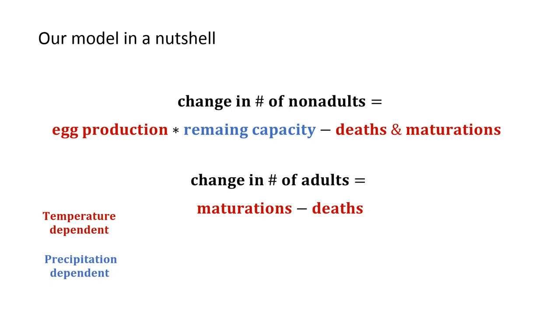The number of adults is determined by the number of maturations, and you have removal from deaths. The red bits are temperature dependent, while the blue bits are precipitation dependent.